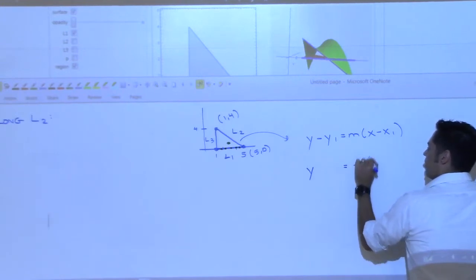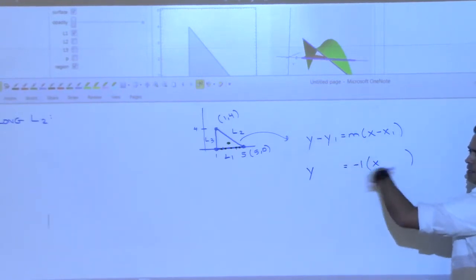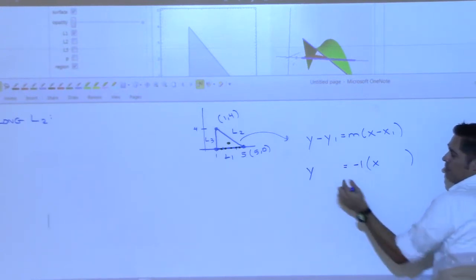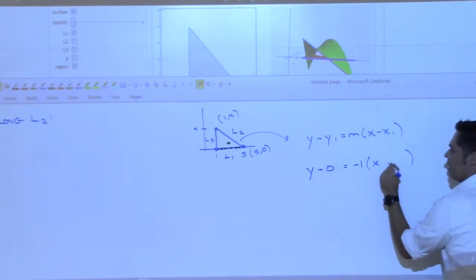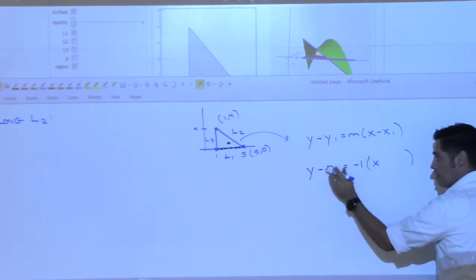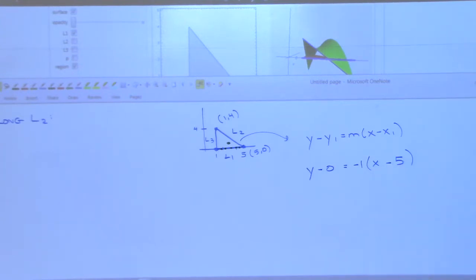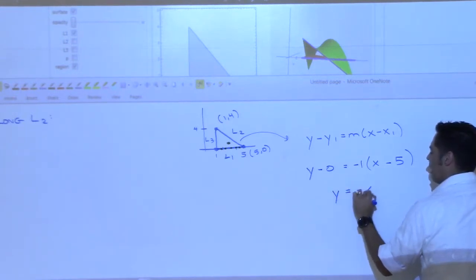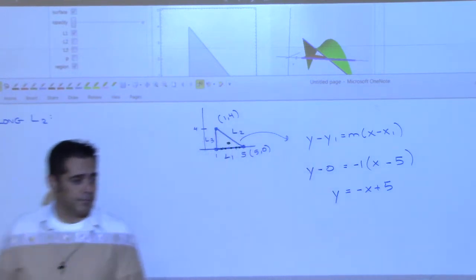This is -1 for the slope. And then I need to pick either point as my x1, y1. And I'm going to pick what I think's the easier one. I'm going to do this one, because y2 would be 0, and then y1 would be 0, and x1 would be 5. So the equation of this line is y equals -x plus 5. So that's the equation of L2, right?